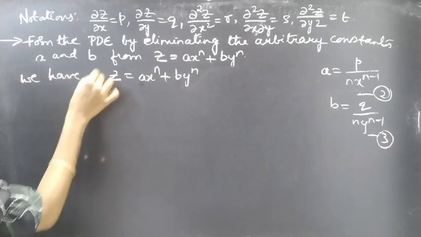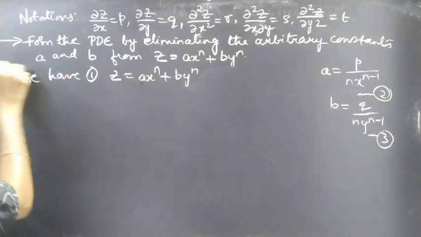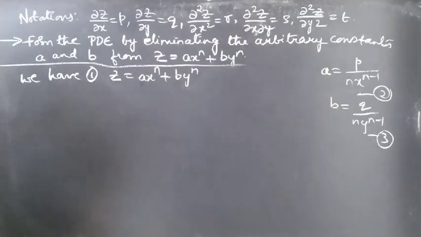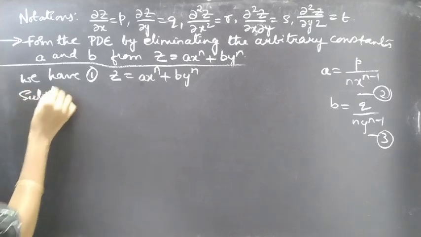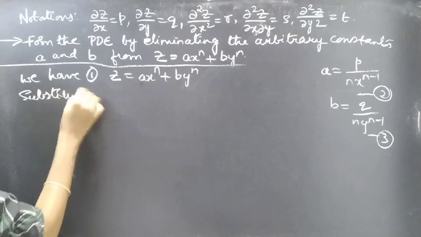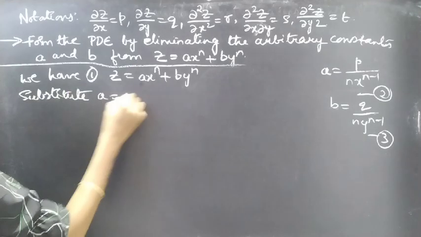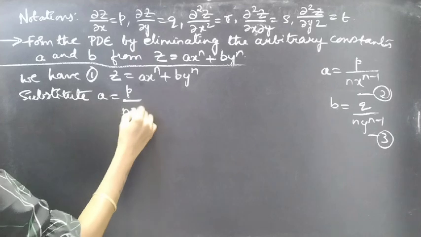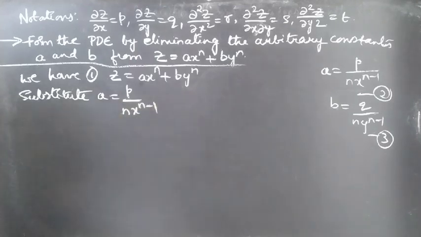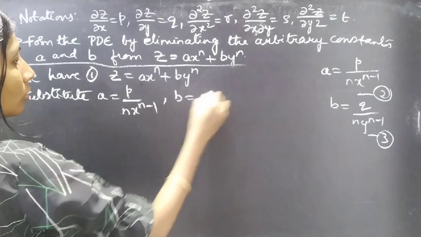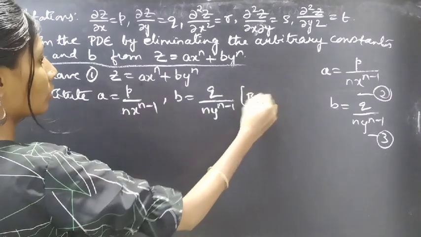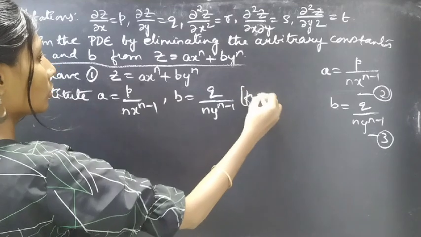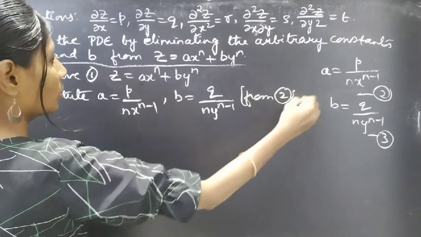We have equation 1: z equal to ax power n plus by power n, right? Now substitute a equal to p by n into x power n minus 1 and b equal to q by n into y power n minus 1, from 2 and 3.